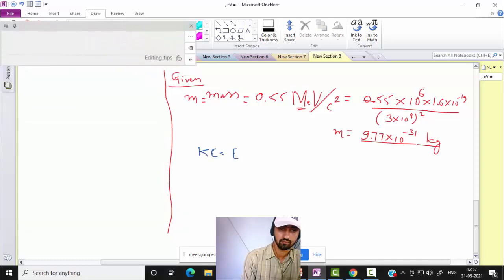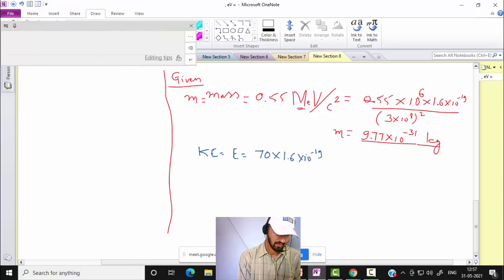Let me take it as E. That is equal to 70 electron volt. You take this in joules. That is 70 into 1.6 into 10 power minus 19. Okay, this is in terms of joules. You remember, you are expressing all the given data in joules first. In any problem, the first step is to note down the given data in SI unit. How much will you get? The answer will be in terms of joules.